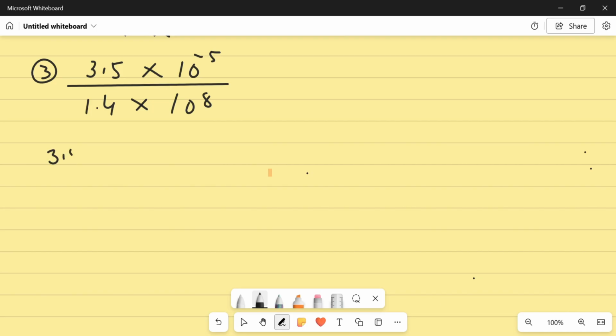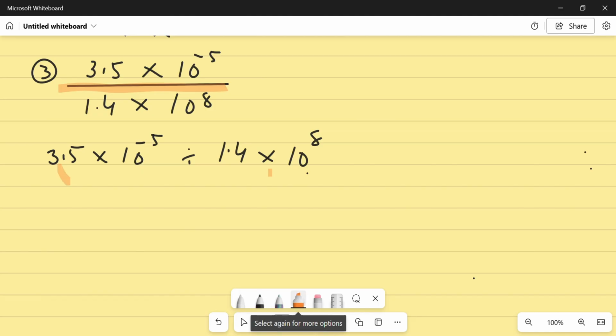Like 3.5 times 10 to the power minus 5 divided by 1.4 multiplied by 10 to the power 8. As we have just learned in the previous question, when we divide 3.5 and 1.4, we will get 2.5.